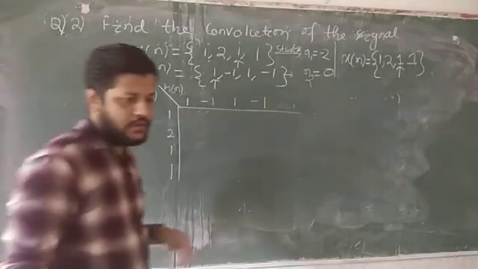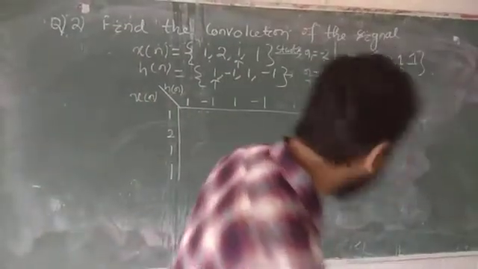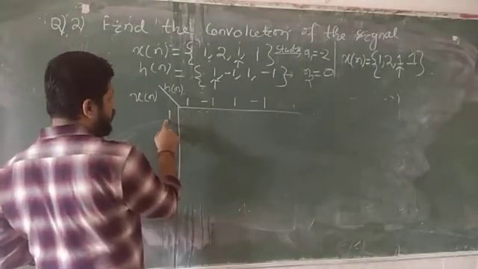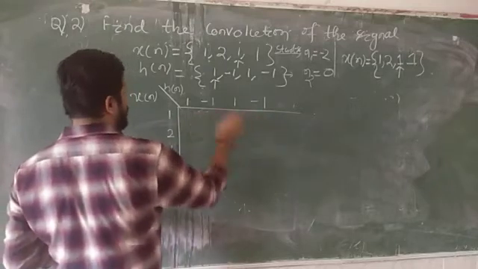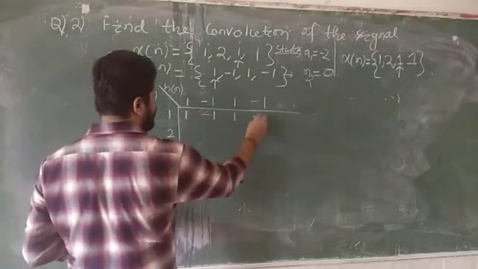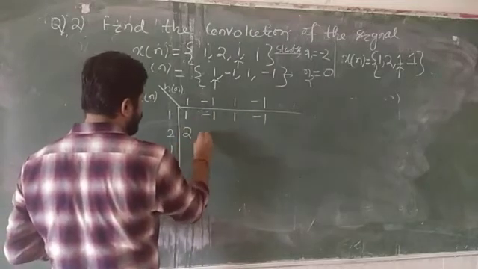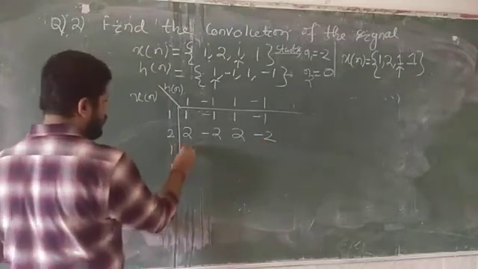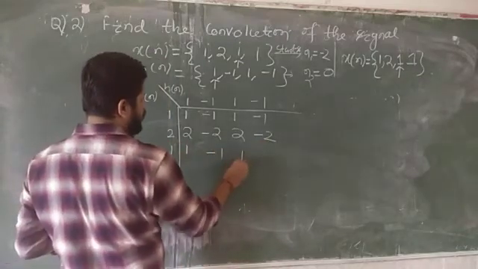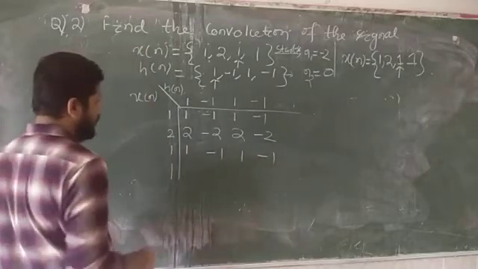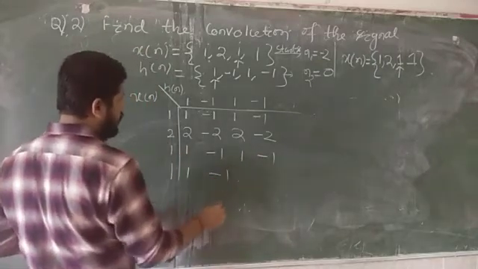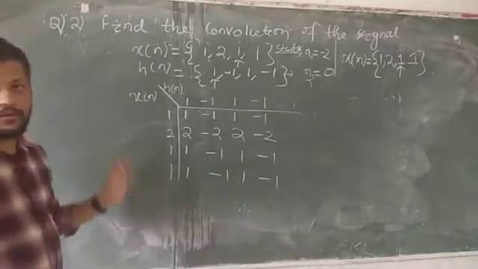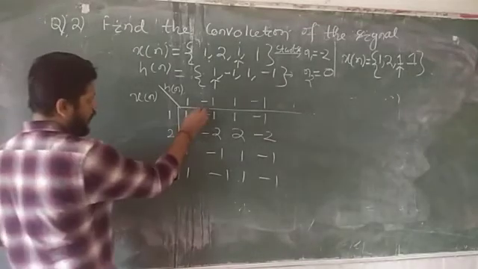Multiply the number 1 with all the numbers here: 1, minus 1, 1, minus 1. Then 2 again: 2, minus 2, 2, minus 2. Then 1, minus 1, 1, minus 1, and again 1, minus 1, 1, minus 1. Just we have formed the table, then we have to divide it diagonally.